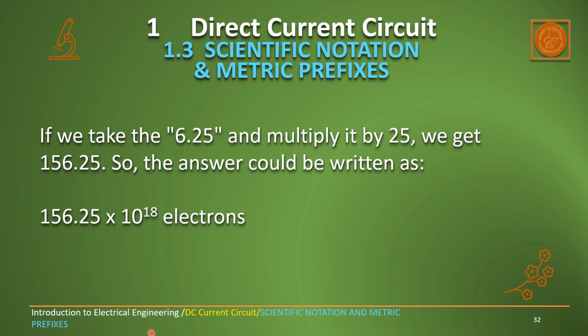So the answer could be written as 156.25 times 10 power 18 electrons. It means in 25 seconds, 156.25 times 10 power 18 electrons pass through 1 point.